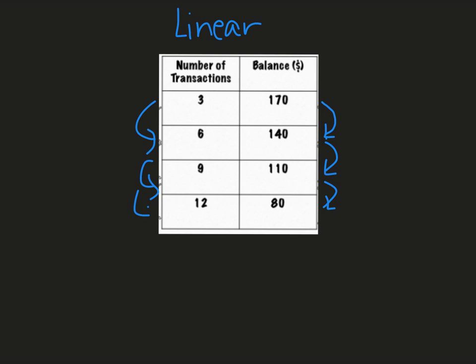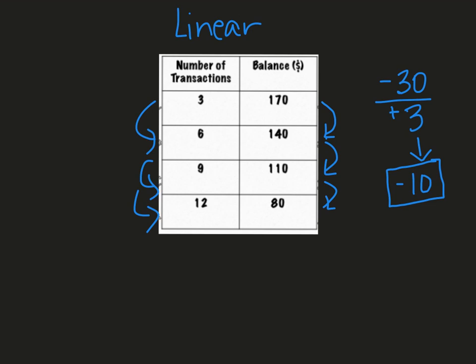And we found that out yesterday, that as the number of transactions goes up by 3, the balance goes down by 30. So for every third transaction, the balance was decreasing by 30. Well, that's a constant rate of change, and the constant rate of change was negative 10. All right, or negative 10 over 1, whatever.